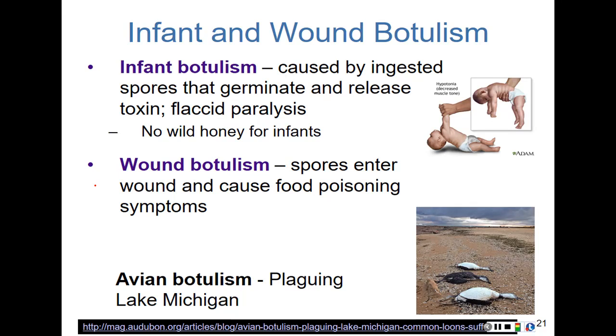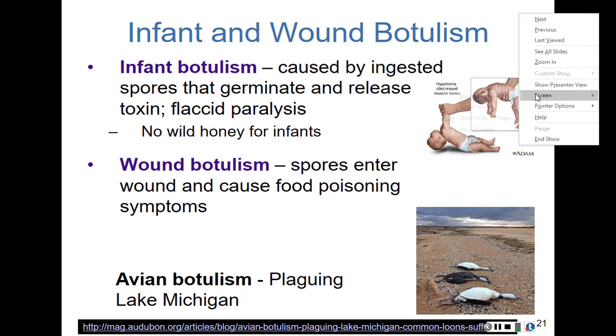The problem with avian botulism is a complicated problem that is related to the mussel problem in the Great Lakes, the zebra mussels and the quagga mussels.